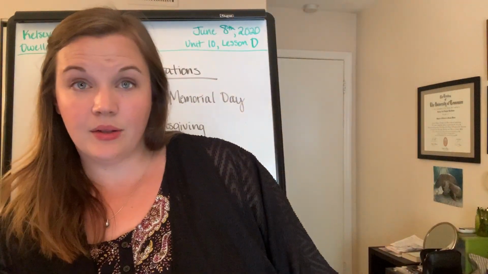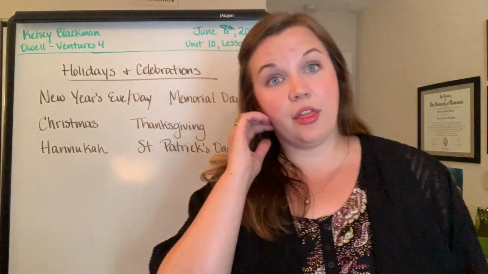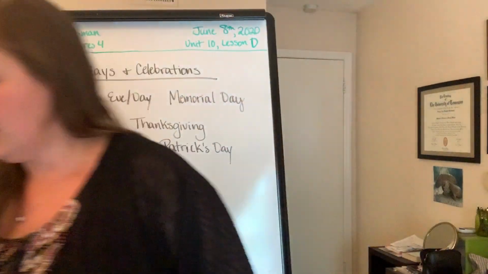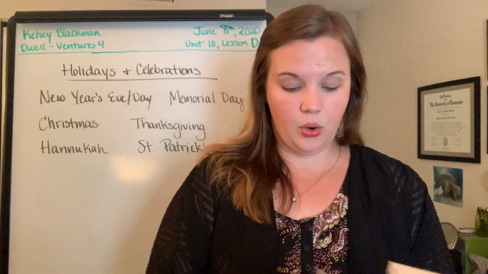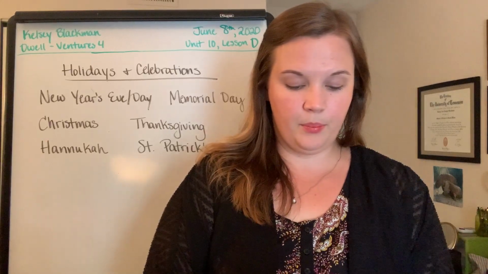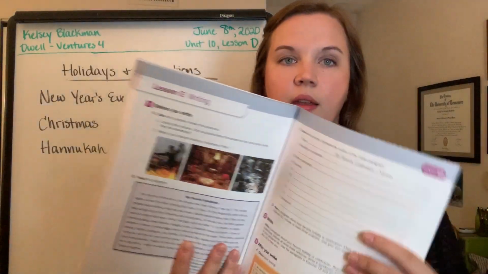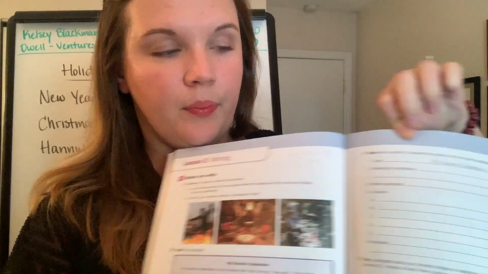Okay, so your homework will be to complete the outline on page 131. So this outline goes over which pieces of the paragraph that we just read fit into each category.